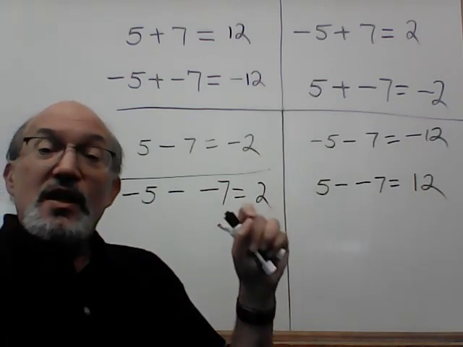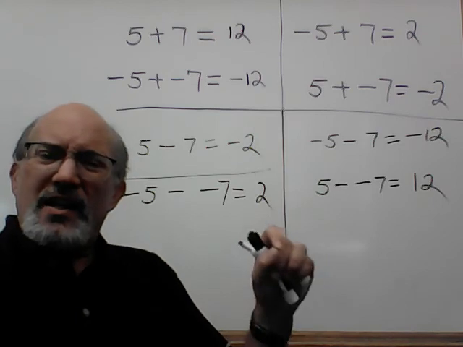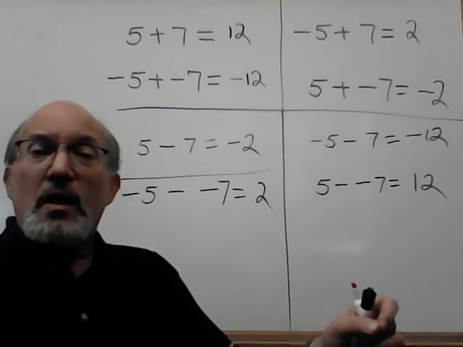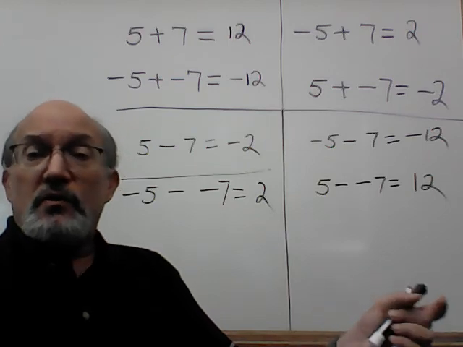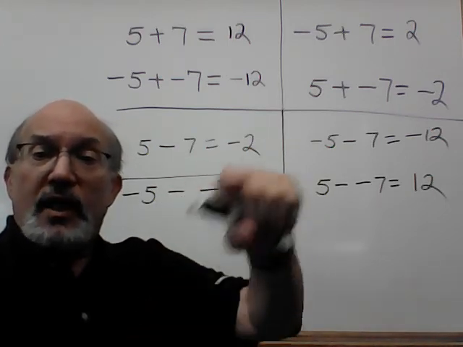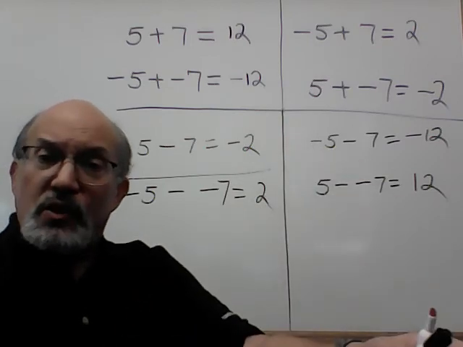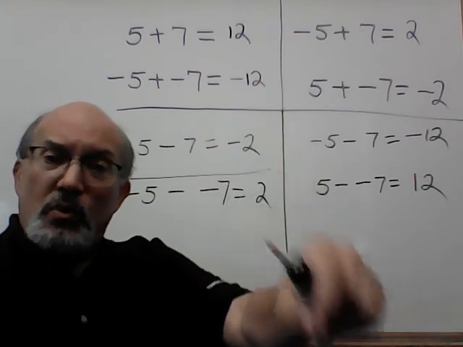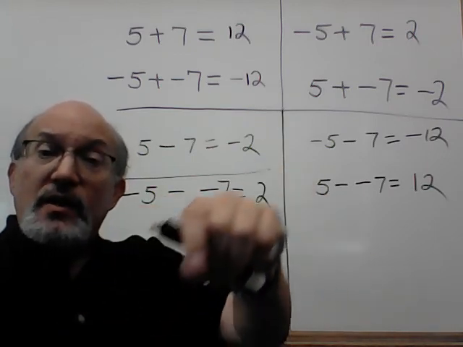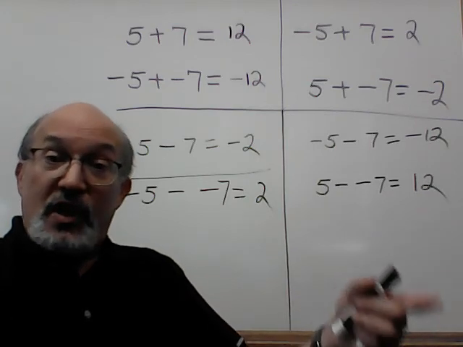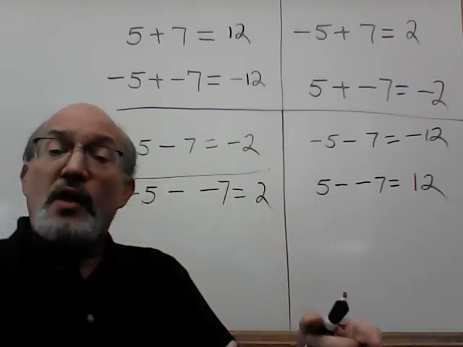And if you recall from that earlier video, and also during 6th grade, we've already covered this, if you're multiplying or dividing 2 numbers and the signs are the same, the answer is positive. In other words, 2 positives multiply to a positive. 2 positives divide to a positive. 2 negatives also multiply to a positive and divide to a positive.